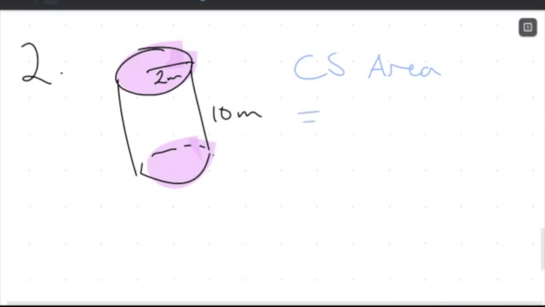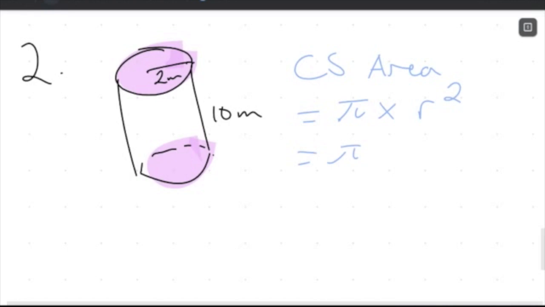equals, well, how do we find the area of a circle? Well, if you remember from our last videos, we take this number pi, we multiply that by my radius squared. So I'm going to do pi times r squared. And what's my r, my radius? It's my 2 meters here from the question.